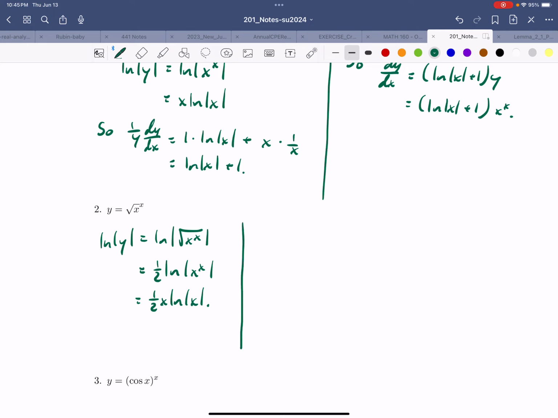Now we implicitly differentiate. And remember, we're always getting for the left-hand side 1 over y dy over dx. Every time. Take the derivative of 1/2 x and we get 1/2. Leave the ln of x alone. Plus, leave the 1/2 x alone, and we get 1 over x. I can simplify a little bit nicer.